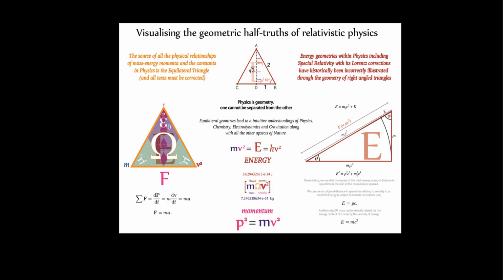A matterless field would be the best. And that's why when I see right-angled triangles attempting to explain energy momenta relationships, I call them half-truths. Because quite literally, the right-angled triangle is half of the equilateral.